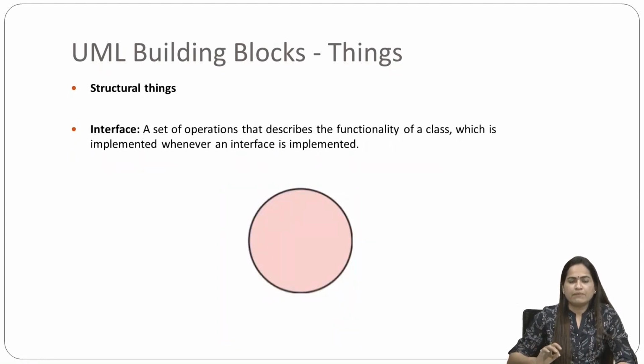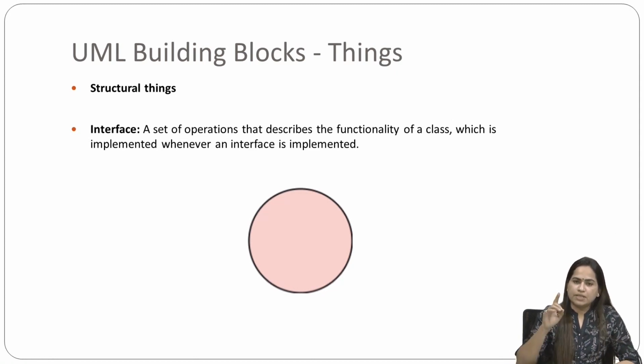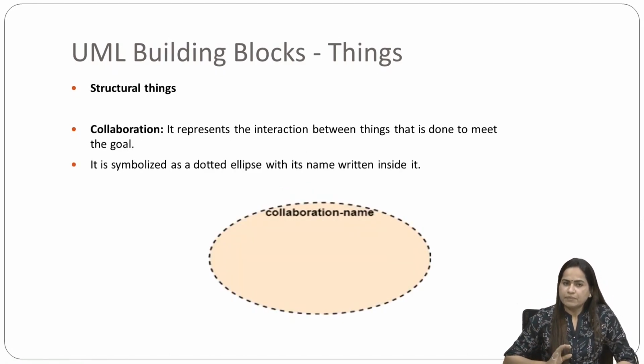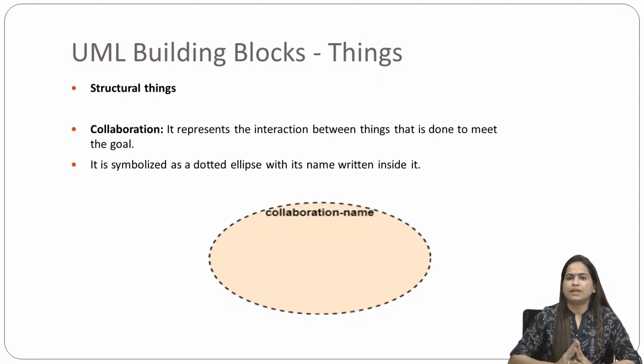Then after we have interface. A set of operations that describes the functionality of a class, which is implemented whenever an interface is implemented. Its symbol is a circle. This indicates interface. Then after we have collaboration. It represents the interaction between things that is done to meet the goal.